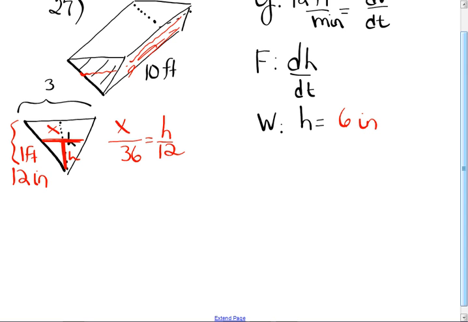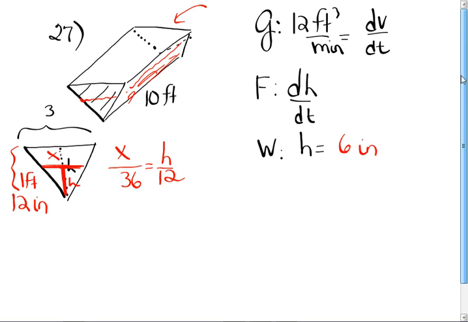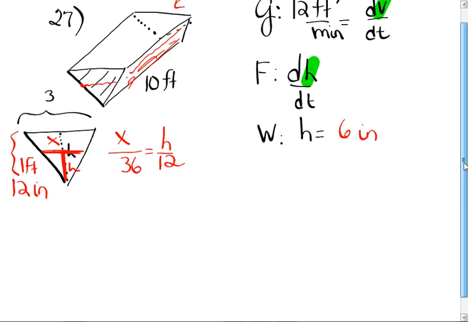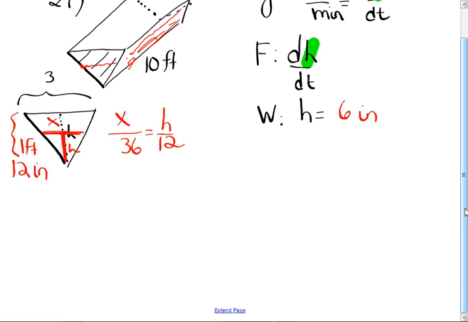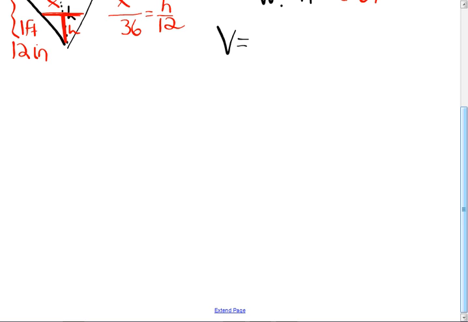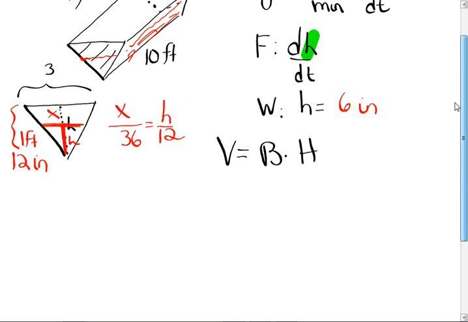Now, I want to relate V and H. What's the relationship? How do you find the volume of a triangular prism, or any prism? It's the area of the base times the height, right? But what's the base? It's that triangle.